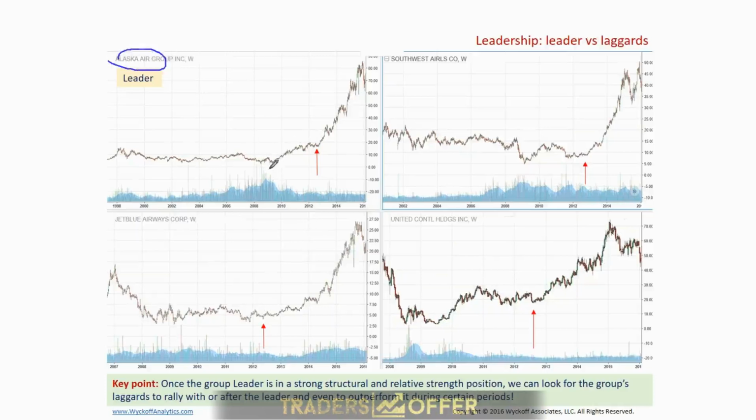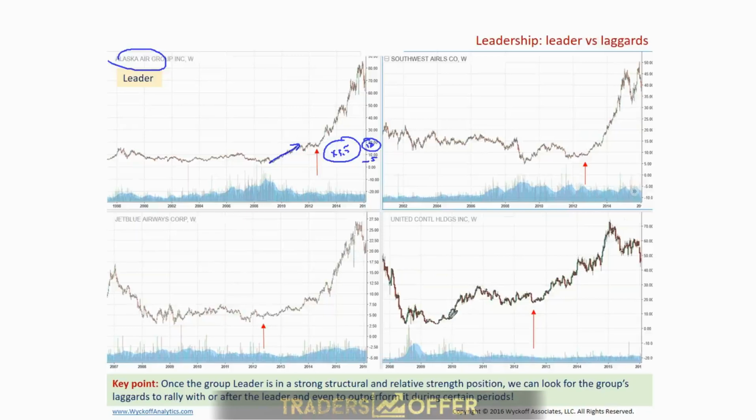Since 2009, it has been going up, and it went up from $5 to about almost $20, somewhere in the 18 range. So that's about 3.5x. And it's quite a significant rise, and it shows that it's definitely leading the whole group.